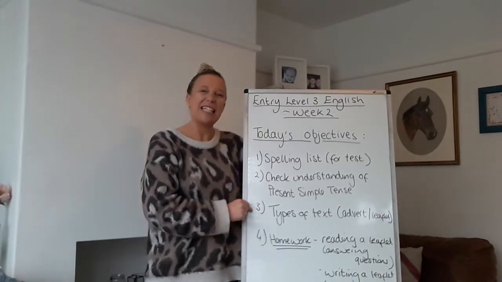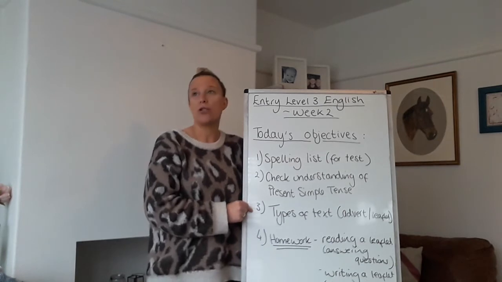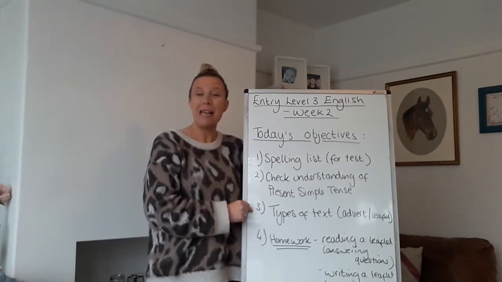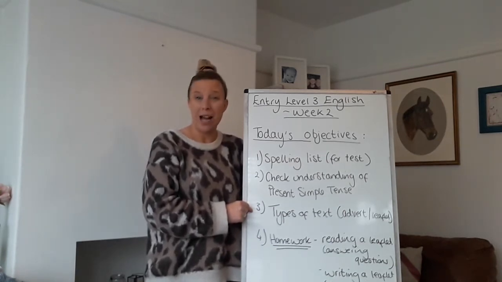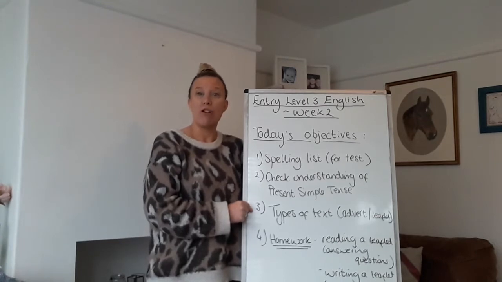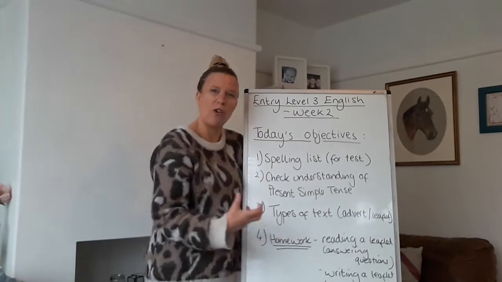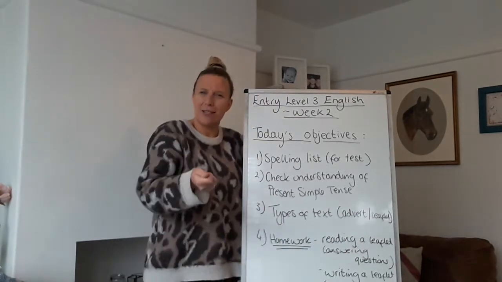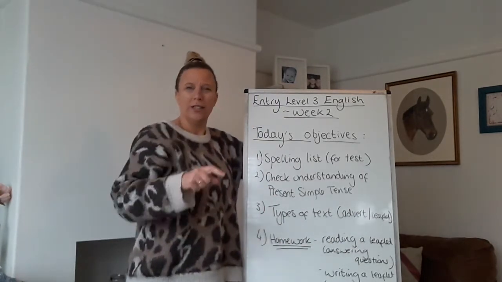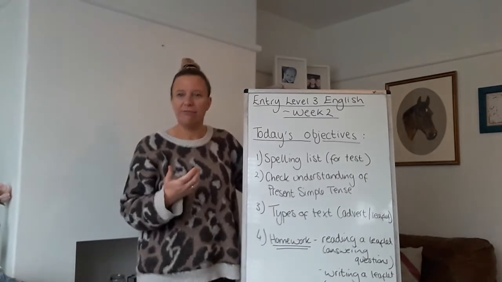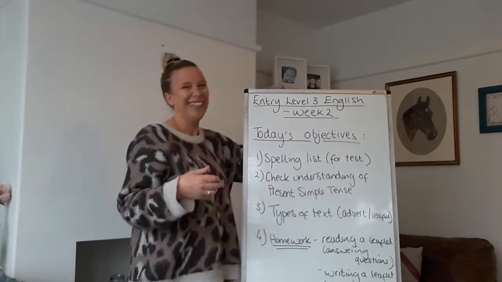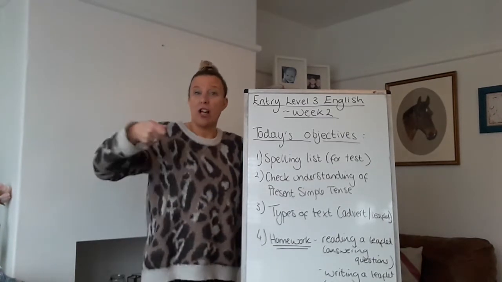Then we're going to be looking at different types of text. What I mean by that is different styles of writing to help improve our writing. Today we're going to be looking at a leaflet or an advert. A leaflet is like an advert that comes through your door.